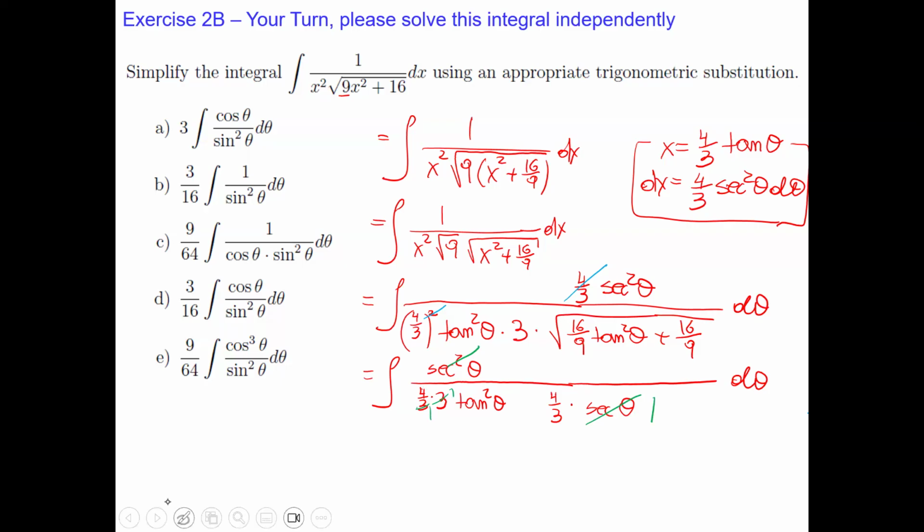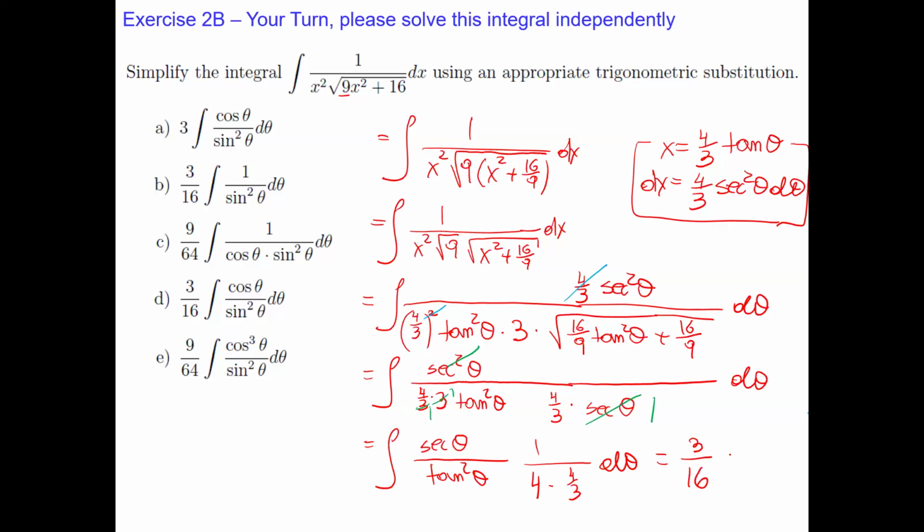We have 1 secant on the top, tangent squared theta, and then the constant is 4 over 4/3, which is 16/3, but when we flip it, because it's in the denominator, 3/16. d theta.